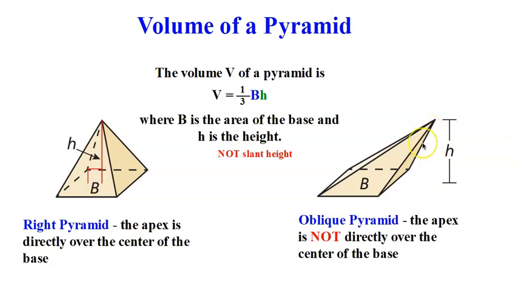Remember from the previous video, Cavalieri's principle says that if the cross-sectional area is the same all the way up as this other one, then the volume is the same, which means we can use the same formula whether it is a right pyramid or an oblique pyramid. The formula still works, which is good. That means we don't need more formulas.